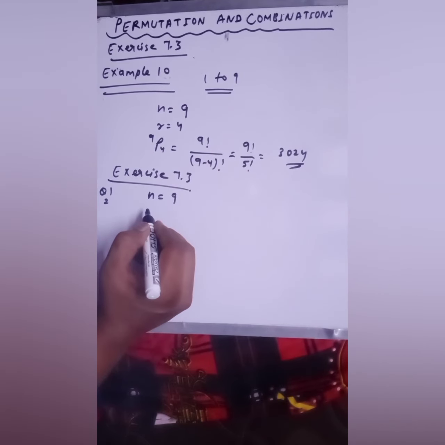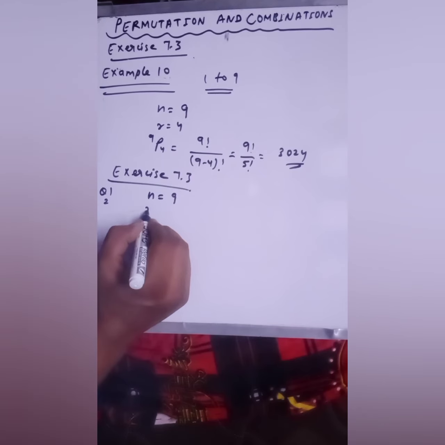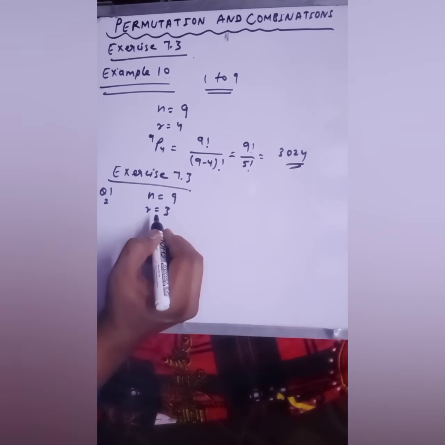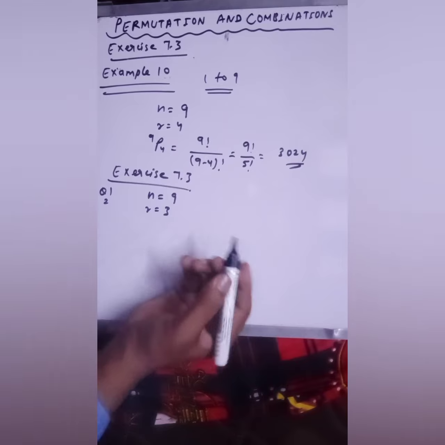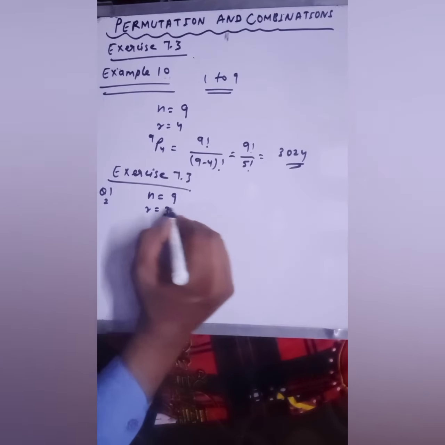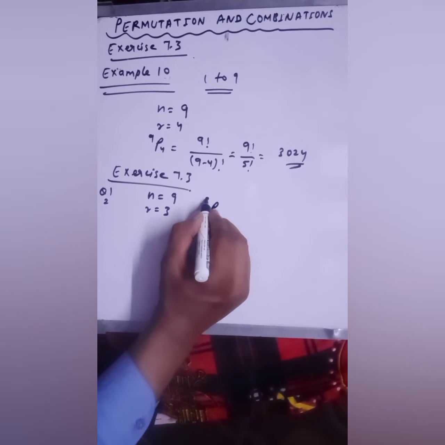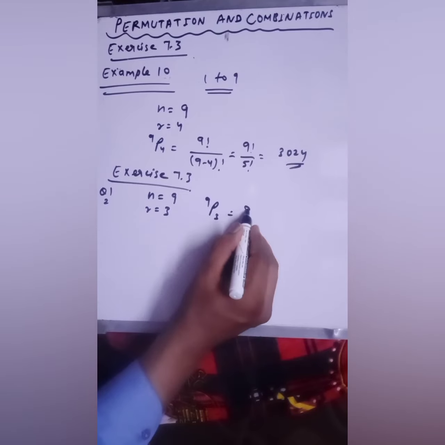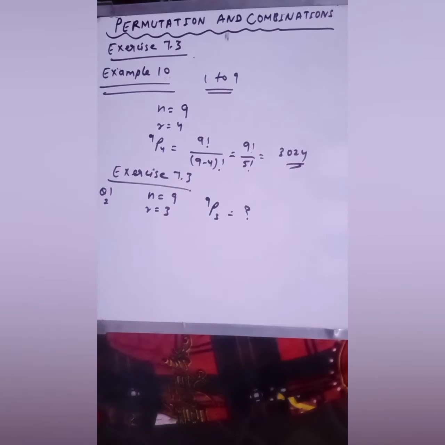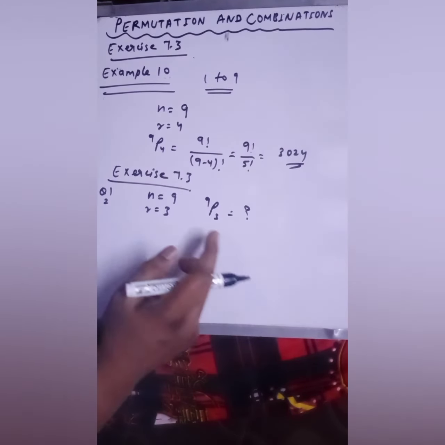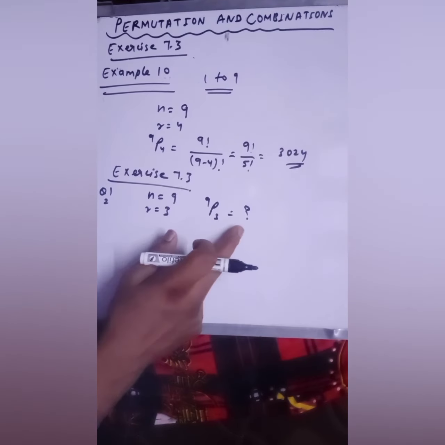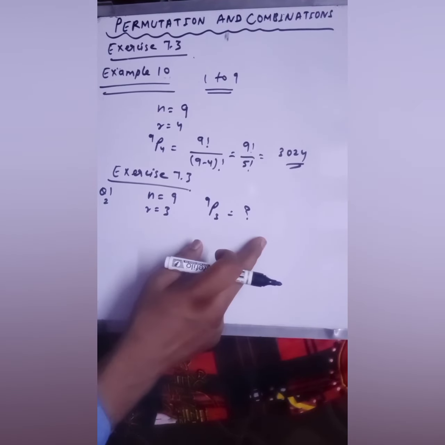There is an arrangement of a 3-digit number, so your r would be 3. Just simplify it, apply permutation, and you will get the final answer. This is your question number 1, and you have to solve it also. I'm not solving it, this is your homework.